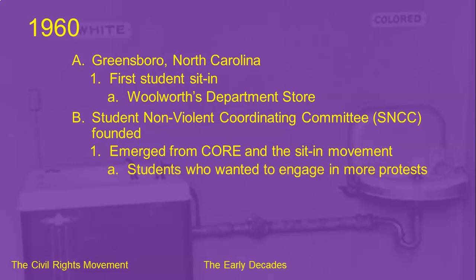Okay? So these were students who wanted to engage in more protests. SNCC is going to found groups on many different college campuses, especially in the South, especially at the historically black colleges and universities, but also on the universities that were starting to integrate. And so they would recruit college students for their group.